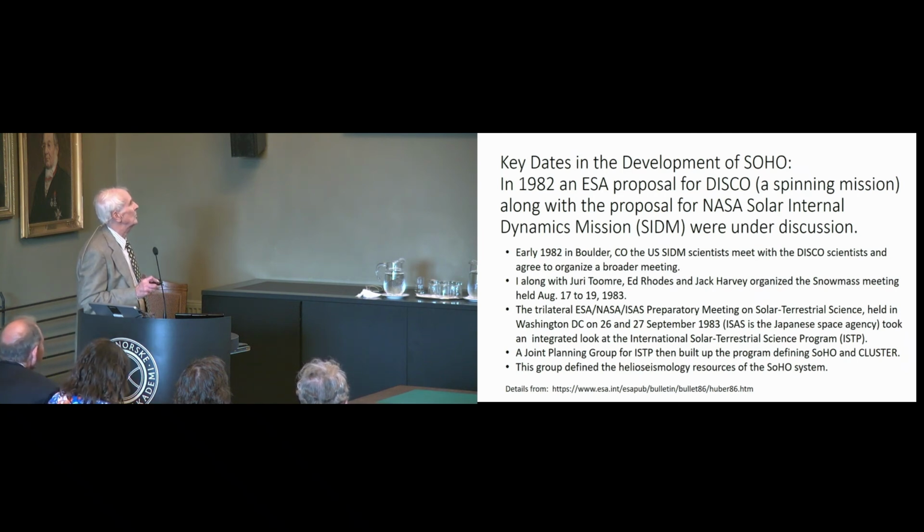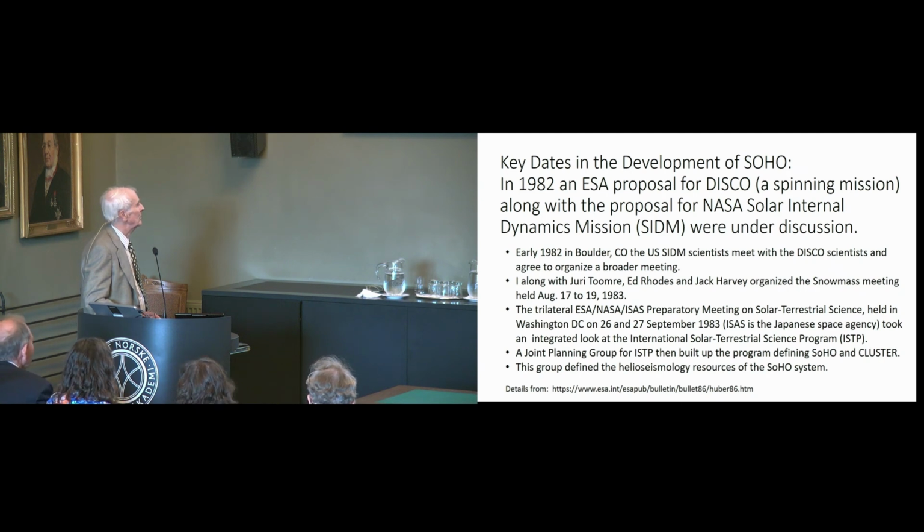We also engaged with the people over in Europe who had a project called DISCO, which was a spinning spacecraft concept that was designed to measure these oscillations from space. The advantage of space is that you get to observe it essentially 100% of the time, so you don't have the effects of the sun going up and the sun going down, and you get a much cleaner power spectra out of that.